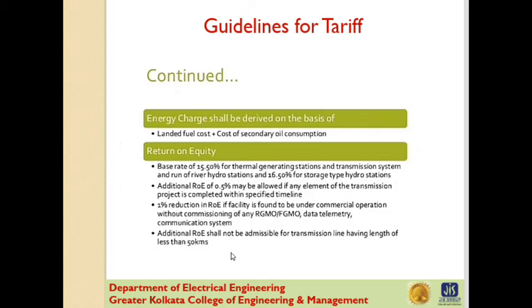Additional ROE of 0.5% may be allowed if any element of the transmission project is completed within the specified time limit. 1% reduction in ROE if facility is found to be under commercial operation without commissioning of any RGMO or FGMO data telemetry communication system. Additional ROE shall not be admissible for transmission line having length of less than 50 kilometers.